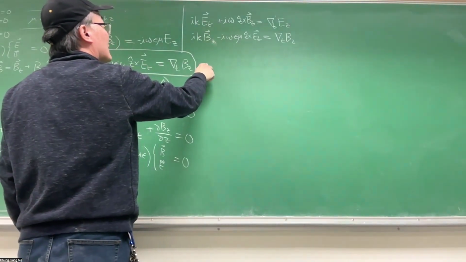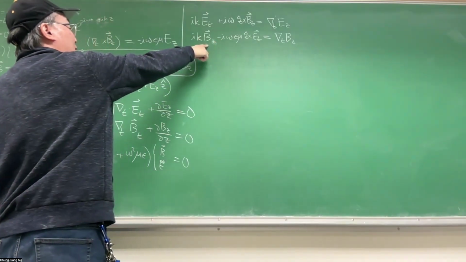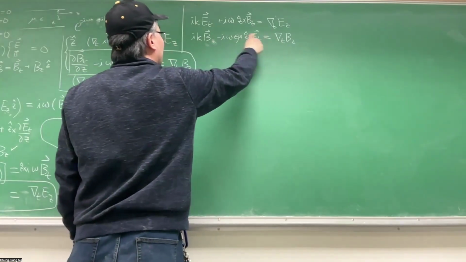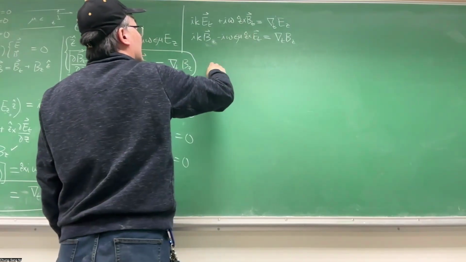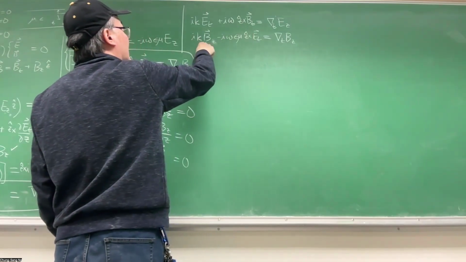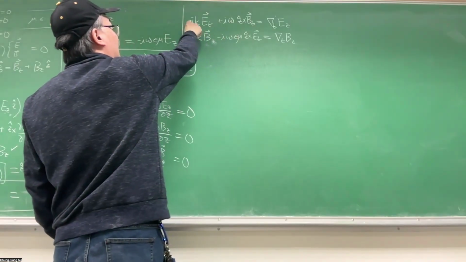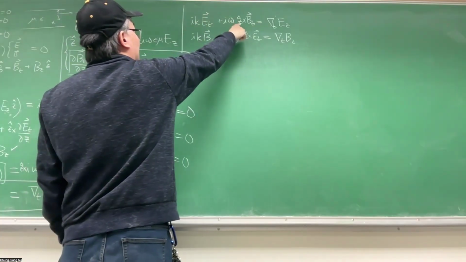So what we can do is substitute this, because we explicitly have a B sub t here. We can put this on the other side and substitute B sub t in here. Because this involves iK B sub t, one way to do it is just multiply the whole equation by iK.